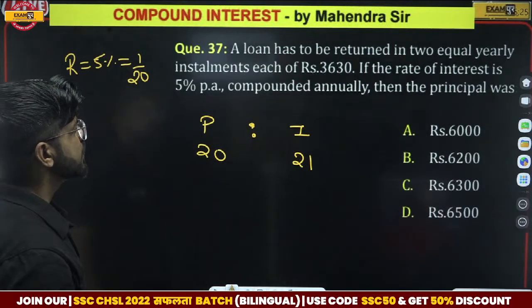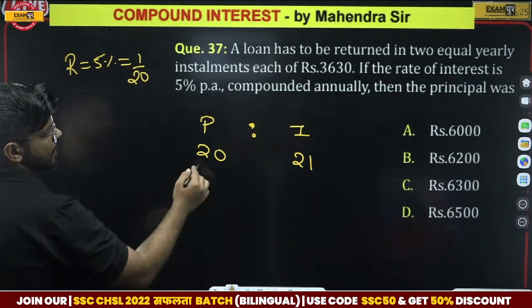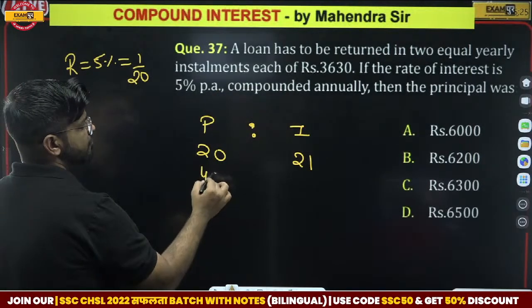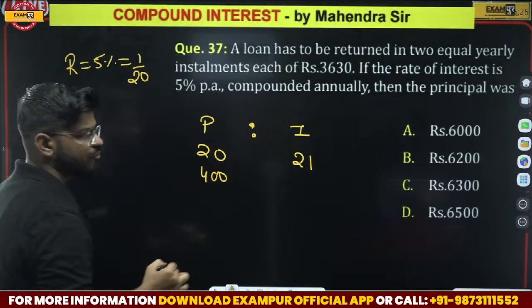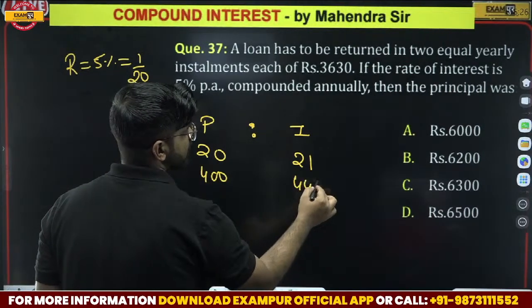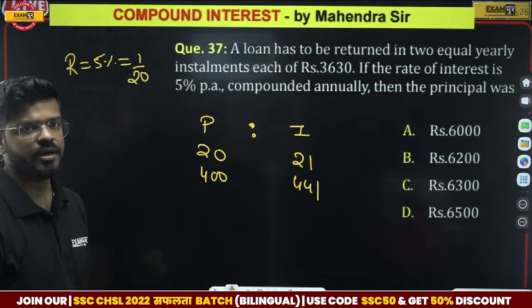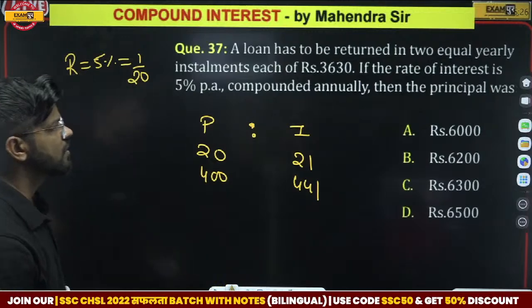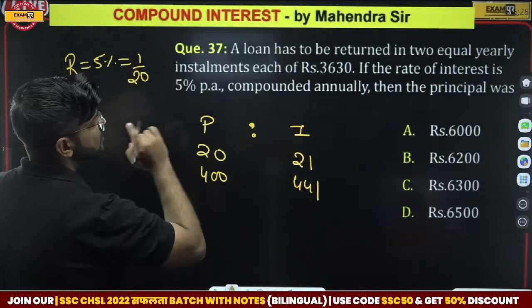If there are 2 equal installments, then it will be 400 and this will be 441. Clear? I think something is missed.